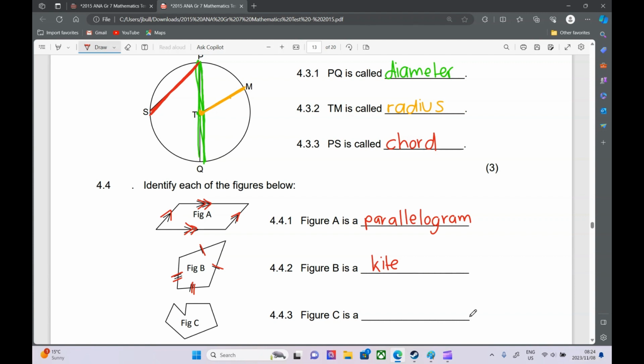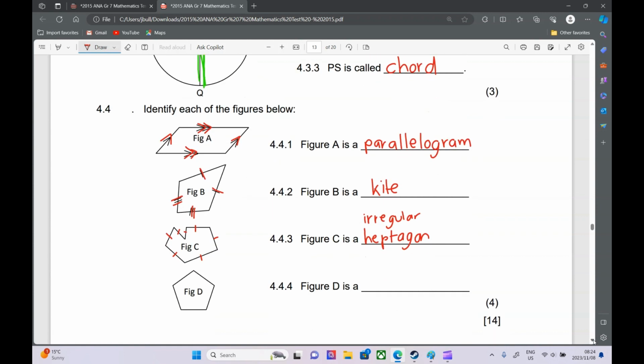And then figure C, it's not a regular shape, but we can count how many sides it's got. So 1, 2, 3, 4, 5, 6, 7 sides. So 7 sides means it is a heptagon. But we just need to be careful because it's not a regular heptagon, so it's an irregular one, because it's not the usual heptagon shape.